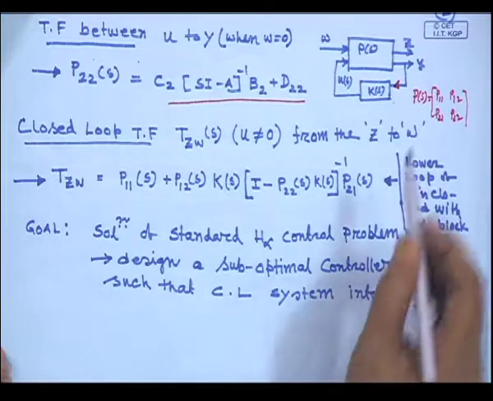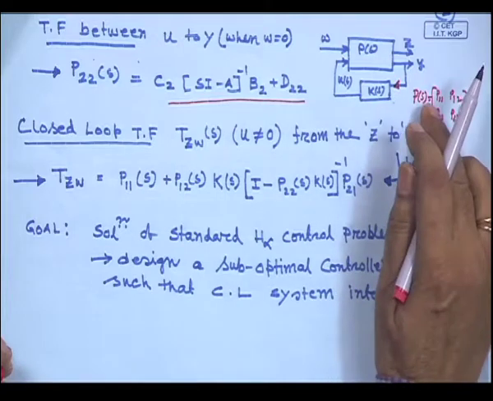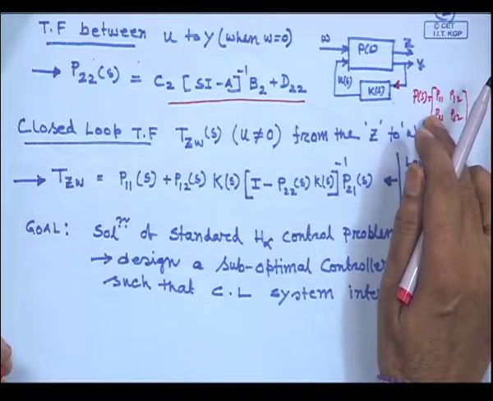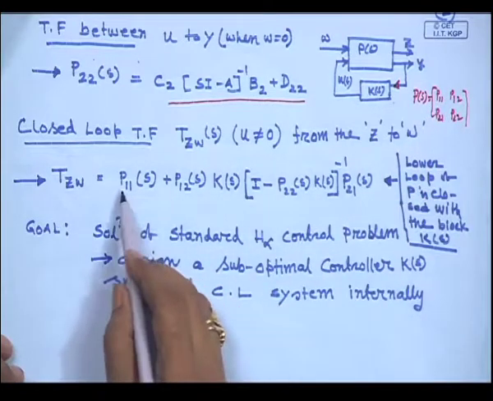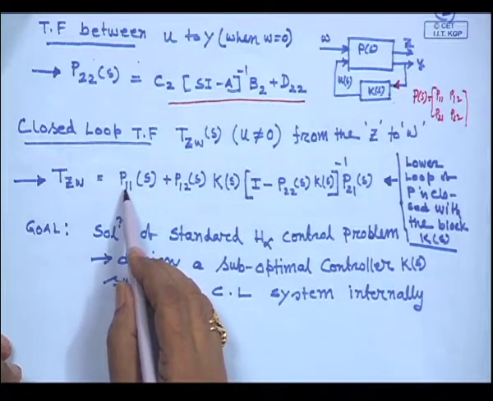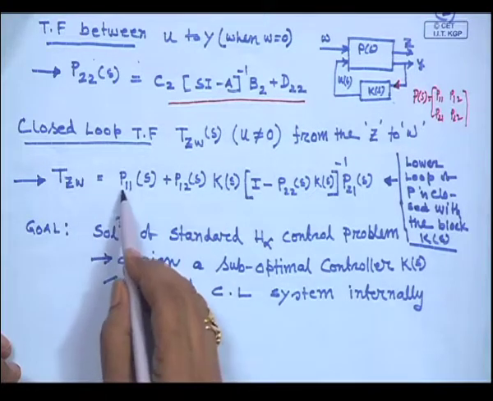So how to do it? This is the lower block matrices. It will start with the upper block matrices, P11, and its suffixes 11. So I will start with the first suffix.